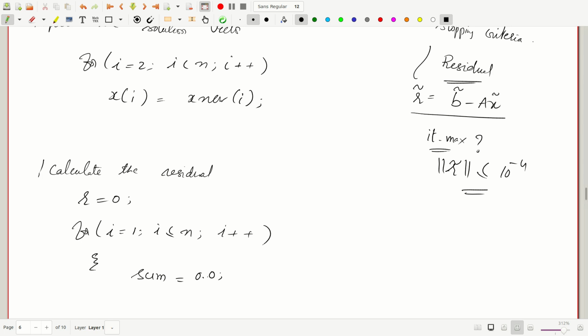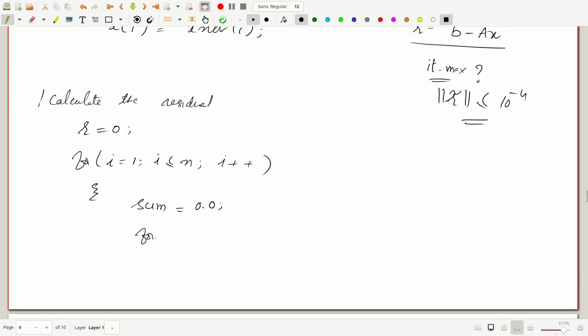I have another sum here. Then I would loop for j equals 1, j less than or equal to n, j plus plus. That's your loop. Sum equals sum plus a i j star x j.